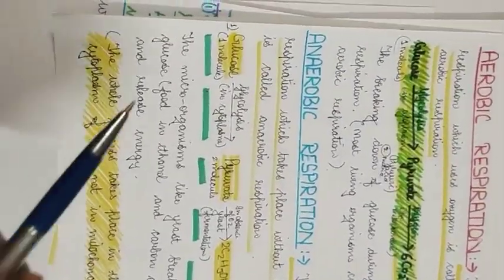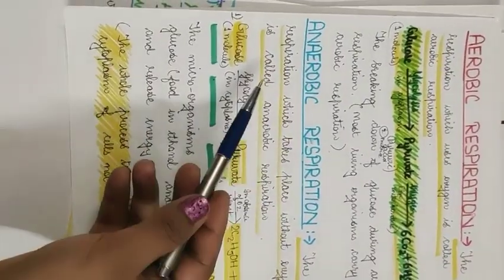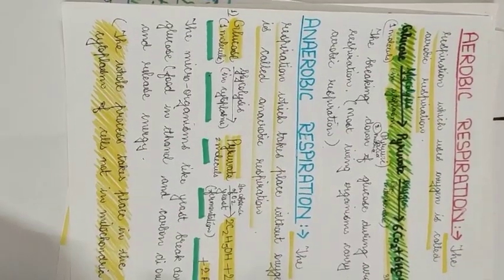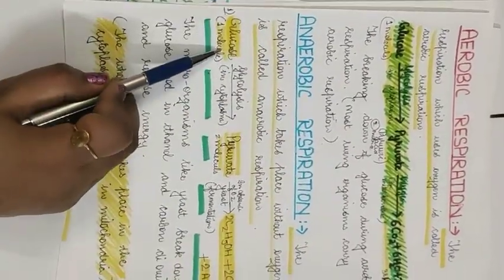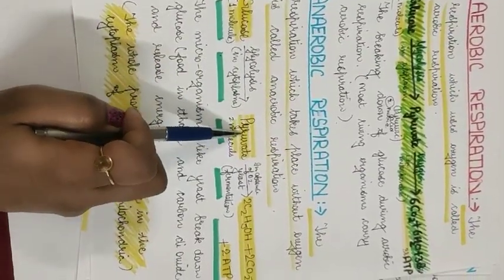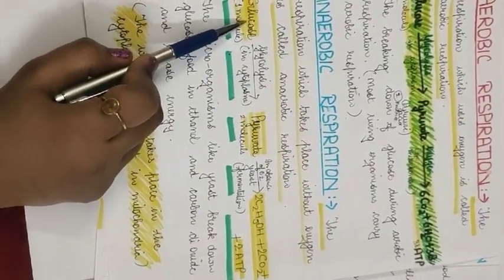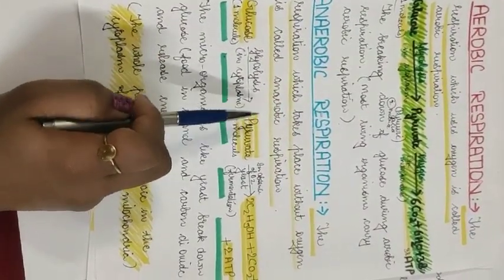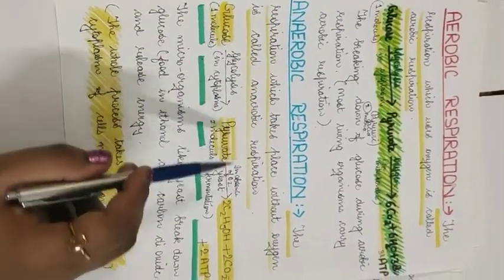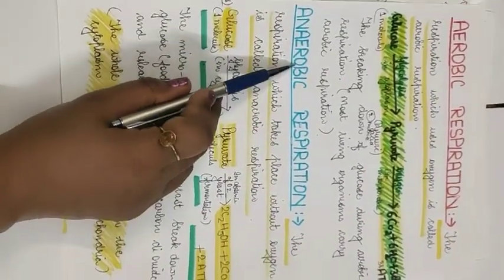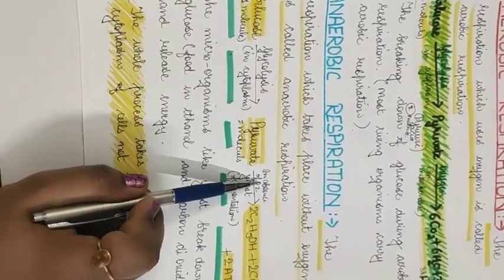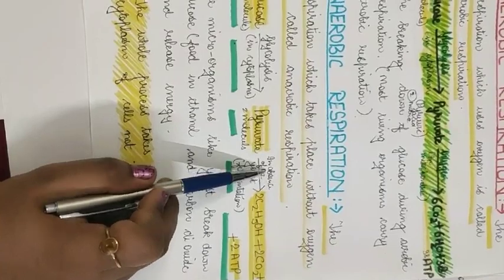Coming to anaerobic respiration, this respiration takes place without oxygen and it is called anaerobic respiration. Here glucose, again one molecule, will convert into pyruvate. The conversion of glucose into pyruvic acid or pyruvate is called glycolysis, which takes place in the cytoplasm. And when it is anaerobic respiration, that means there is absence of oxygen, which can take place in plants or animals.